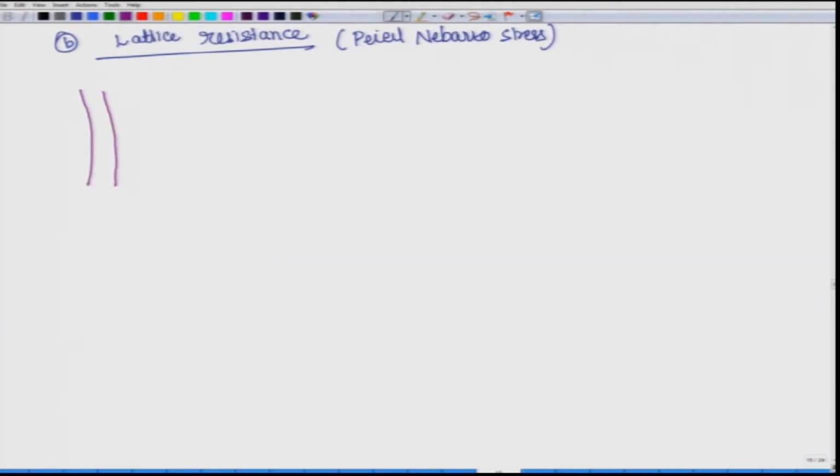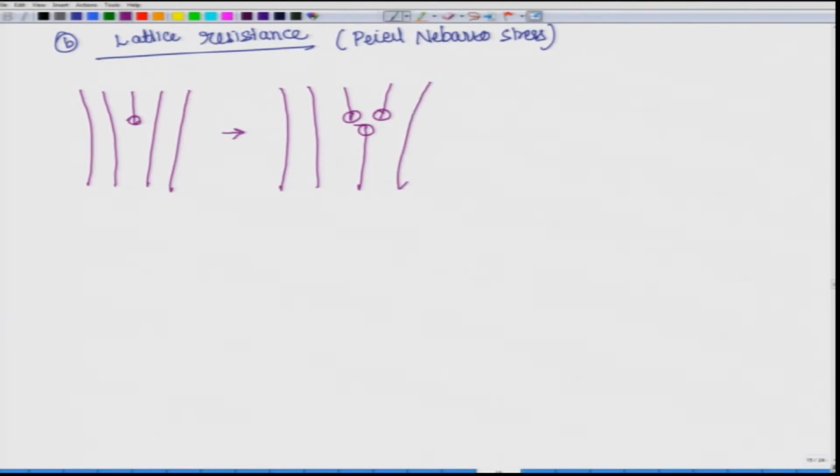So, if you say this is your planes, this is the disconnected column. At one point both of these will be disconnected, and there is an atom over here. So, now this is not connected, or this is in motion where neither of these are connected, and then finally, since it is moving in this direction, there is a transition.